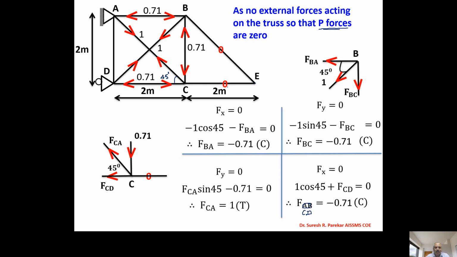So CD is minus 0.71. Then if we go to DA, considering joint D, we have 1 and 0.71. With summation Fy equal to 0, we automatically get 0.71, which is compression, as the force in DA. Likewise we get the values of K forces.